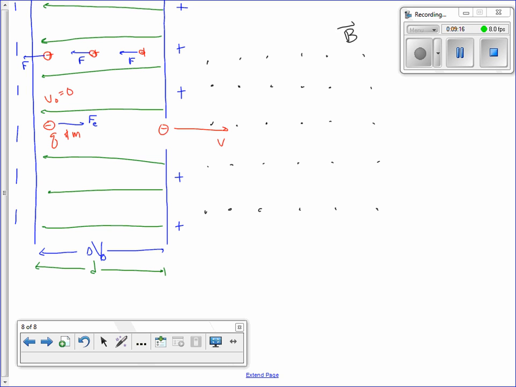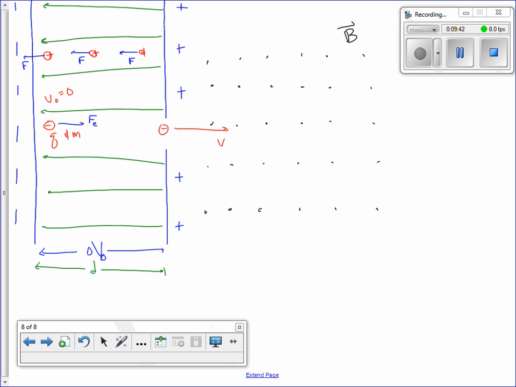What's this thing do now? You're going lefty, this negative charge. I go lefty, negative charge. So left thumb to the right, field that points out, right? Because the dots mean the arrow's coming at you.